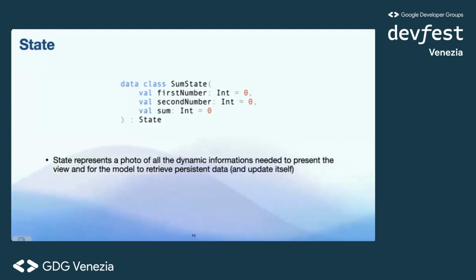And then the state is mapped in the UI state. So it sounds like we have 2 states, but actually it's 1, because from 1 state, we're retrieving the state of the UI. This is for separation of concerns. So again, the UI state is calculated based on the state of the model.